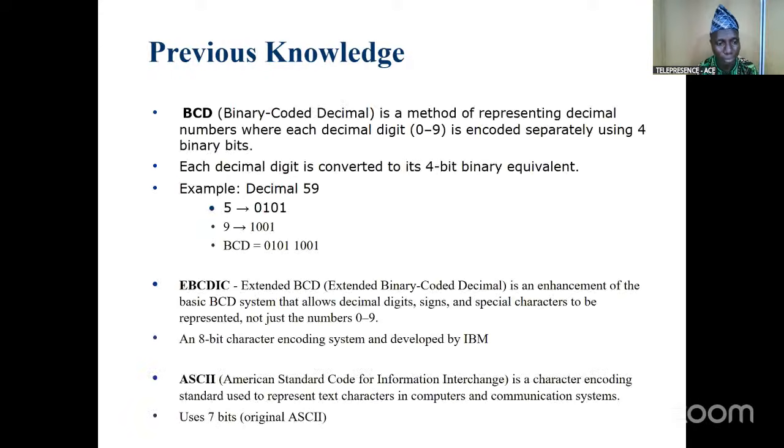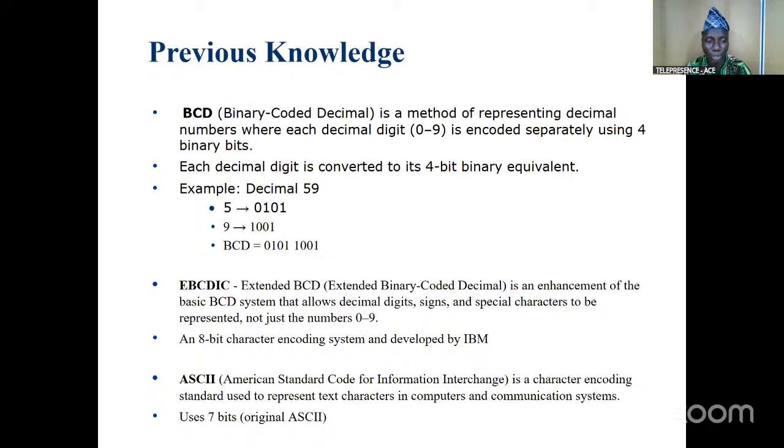In summary, when we started, you can read more on binary coded decimal. Some exercises can be given. For instance, if I give you 97 in base 10, convert 97 in base 10 to BCD code.